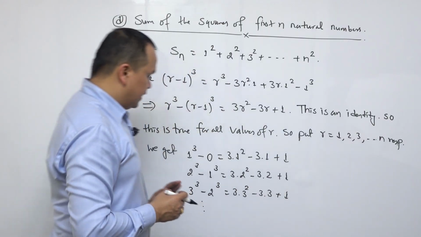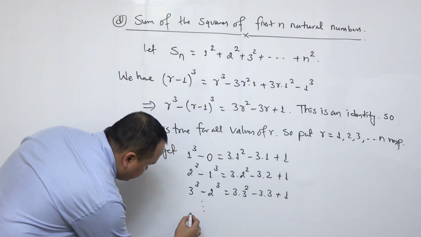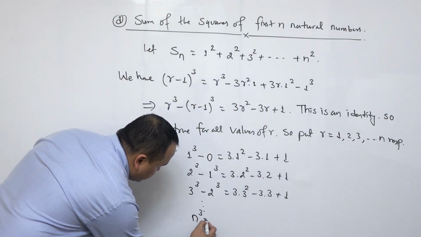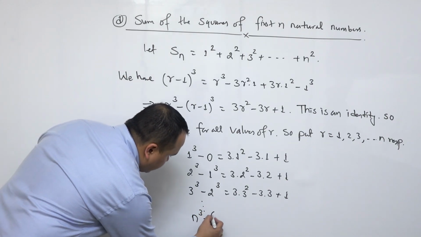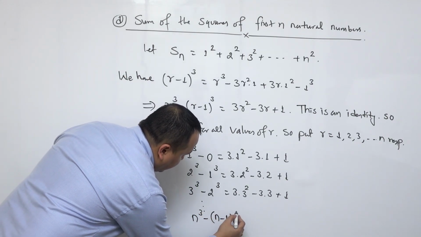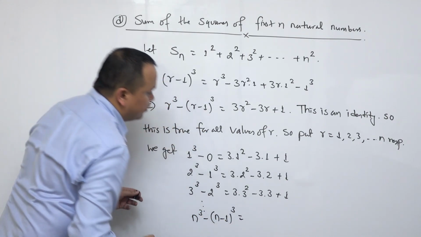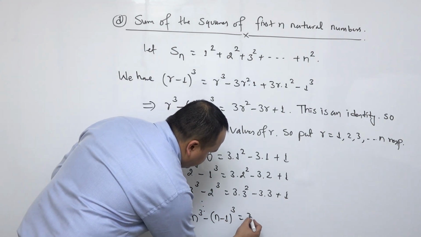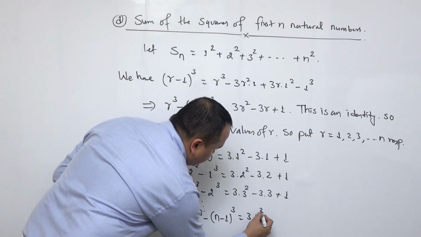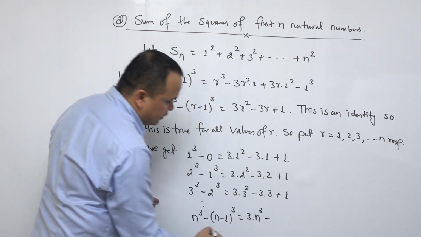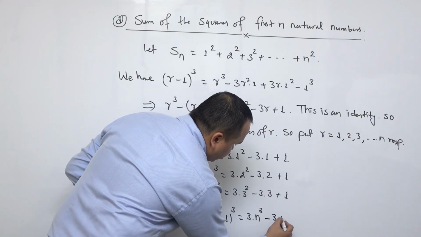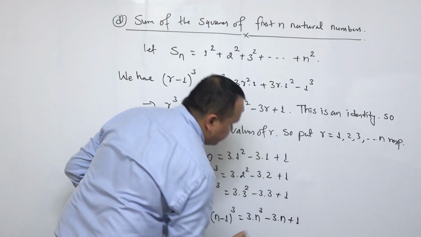The last one, we put n: n cube minus n minus 1 cube is equal to 3 into n square minus 3 into n plus 1.